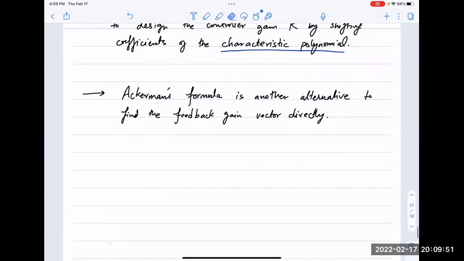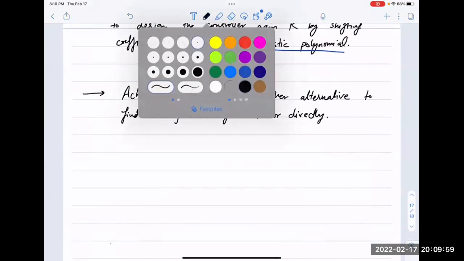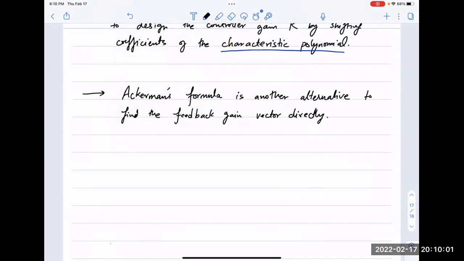So the last item was Ackermann's formula, which is another alternative to find the feedback gain vector directly. And next lecture, we are going to start to talk about the observer and how that changes our controller design.